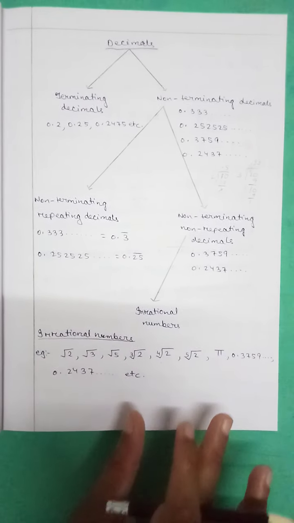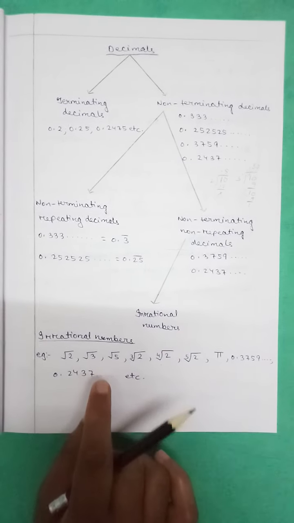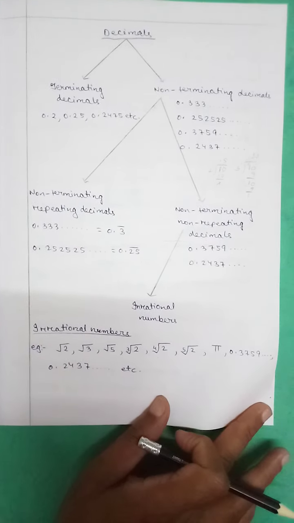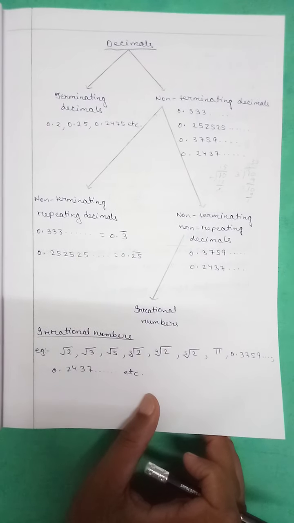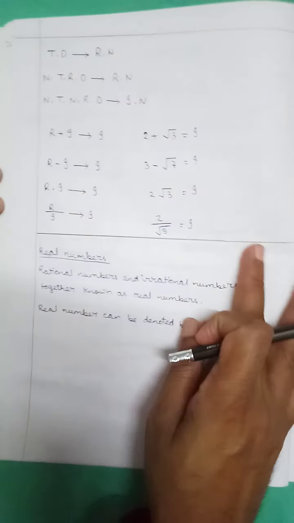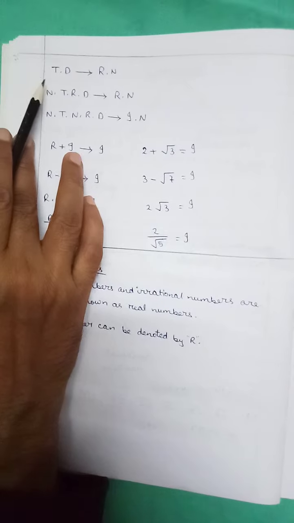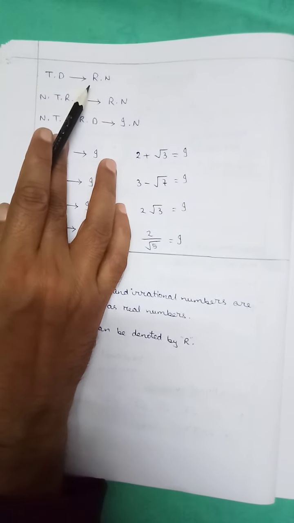So a shortcut you can remember: if root is available, irrational number. If root is going away, that is a rational number. Root is left over means irrational. Root is gone means rational numbers. Now remember that TD, that is terminating decimals, you can change into rational numbers.